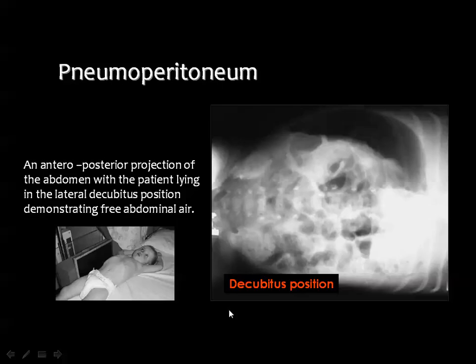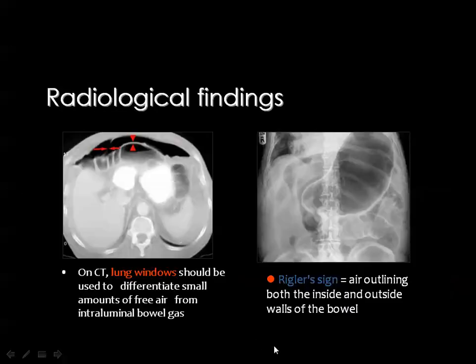But whenever you are not able to obtain an erect view of the chest, then you may have this decubitus film or lateral horizontal beam, where the patient is lying supine and the X-ray tube is on one side and the film is on the opposite side, and here you can see air which is located between the liver and the diaphragm.